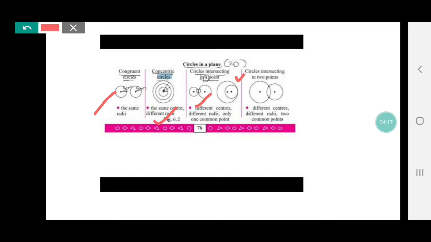Both touch each other at one single point. But when circles intersect each other, they intersect at two distinct points. This is the basic difference between touching circles and intersecting circles. I hope I am clear. Now we move on to the next part.